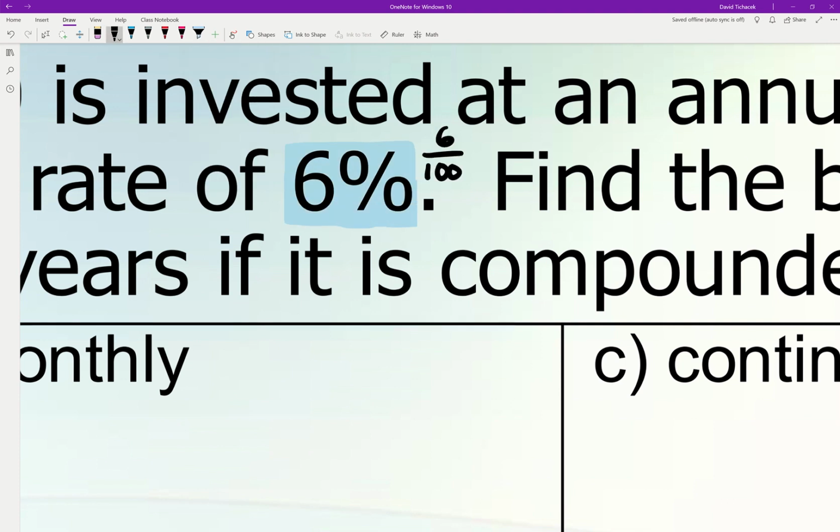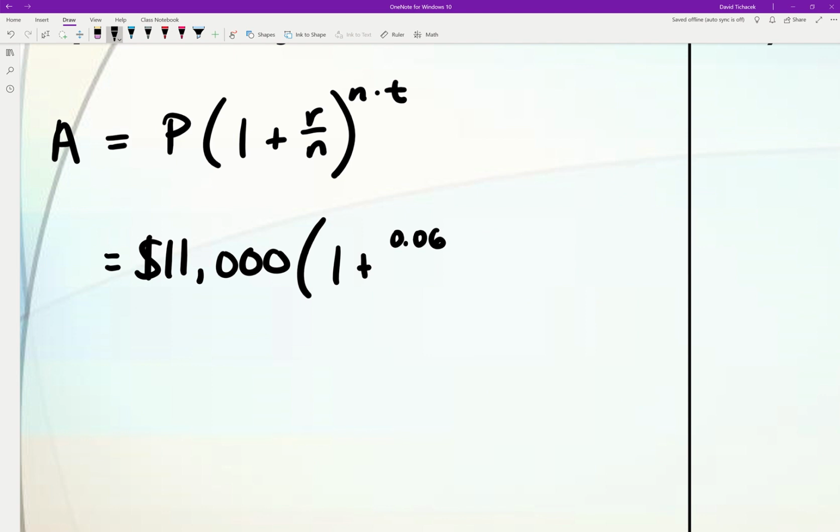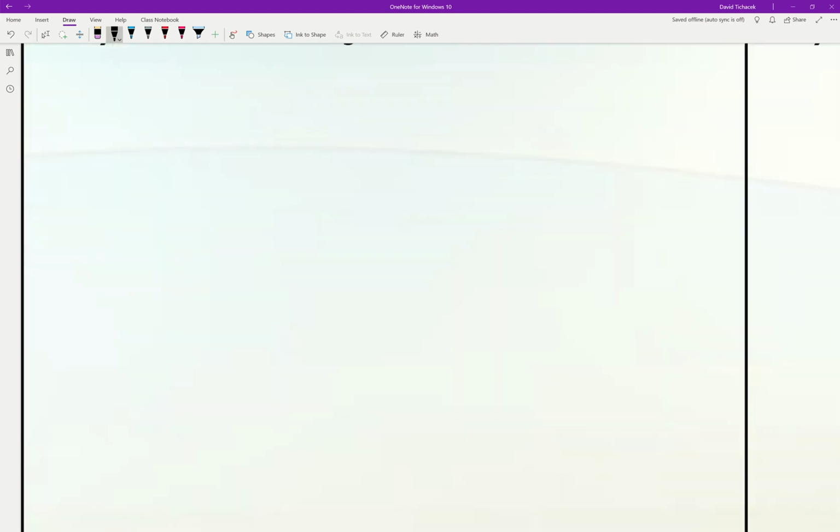So 6 out of 100, if you were to take 6 divided by 100, that would be 0.06, and that is what we're going to use for our interest rate here. So 0.06 represents 6%, and we are compounding quarterly, so n is 4. And then in the exponent, we're going to do 4 times the number of years we're giving this amount of money to grow, which of course is 7, okay? And I will reveal to you a little bit later on what that actually turns out to be, but I just wanted to set it up here with you, okay?